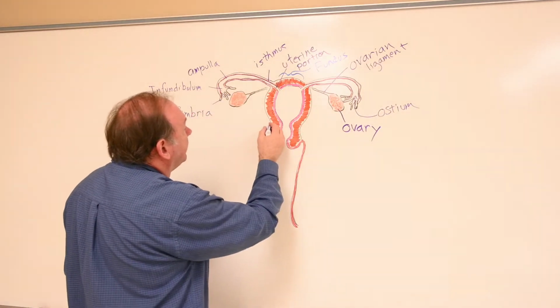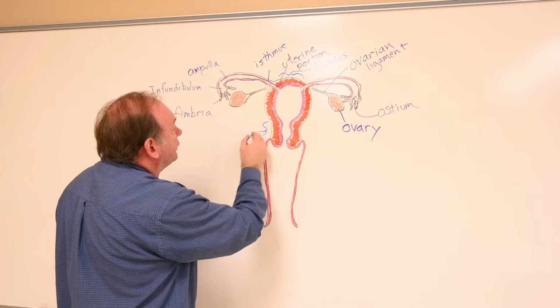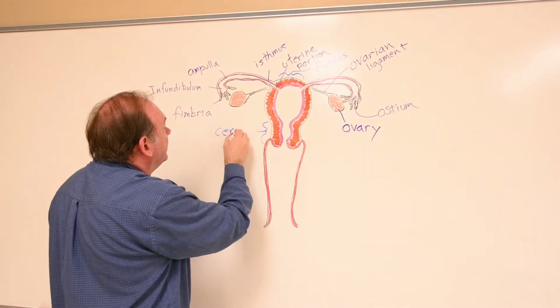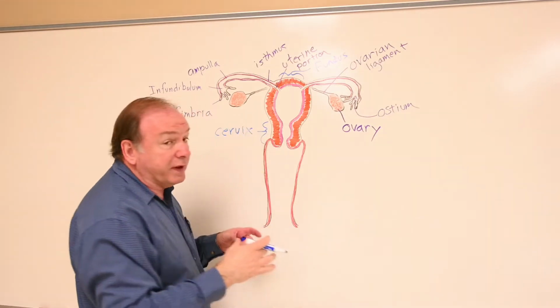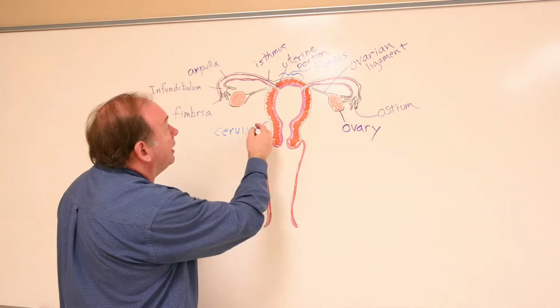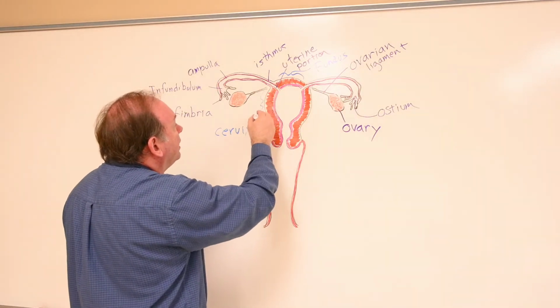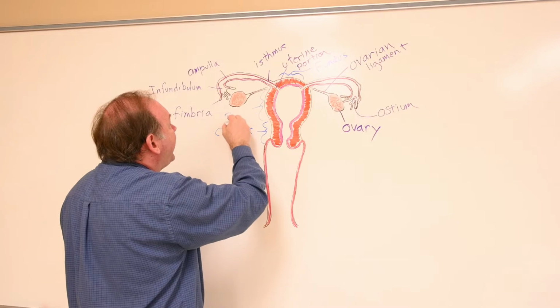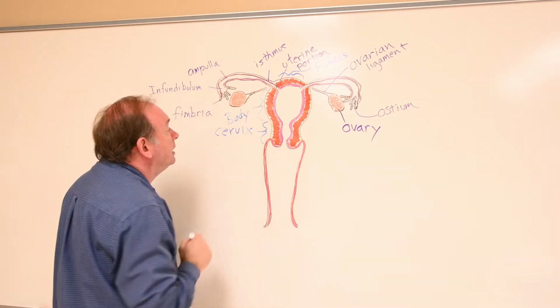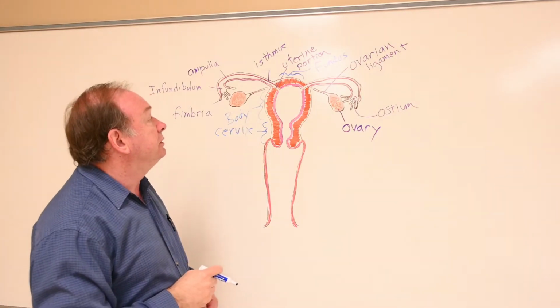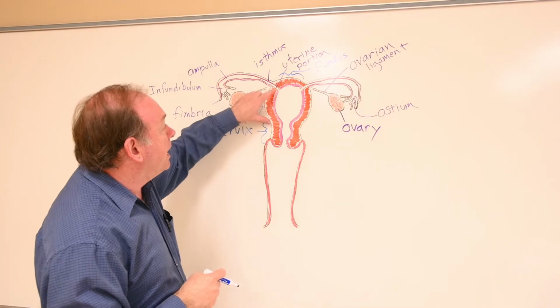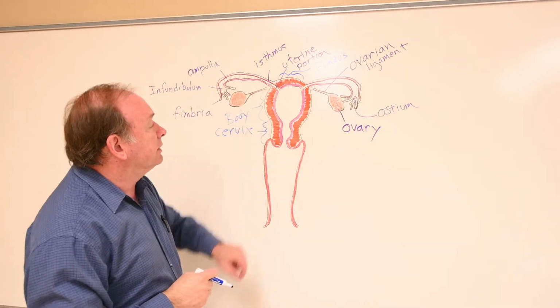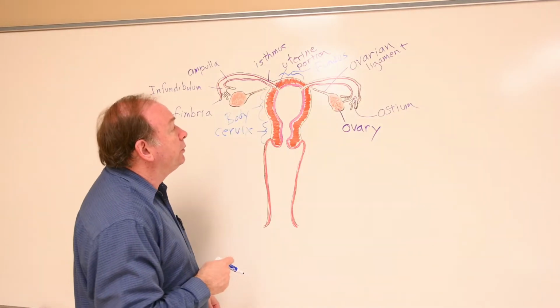We already identified this part down here as the cervix, which simply means the neck, where it narrows down here, and the remainder in between is referred to as the body of the uterus. So we have the fundic region at the top, then the body, the main portion, and then the cervix, this narrowed portion down below.